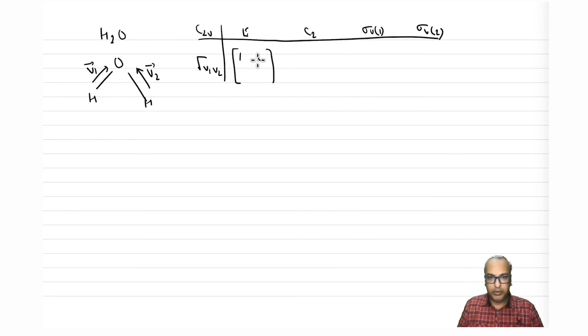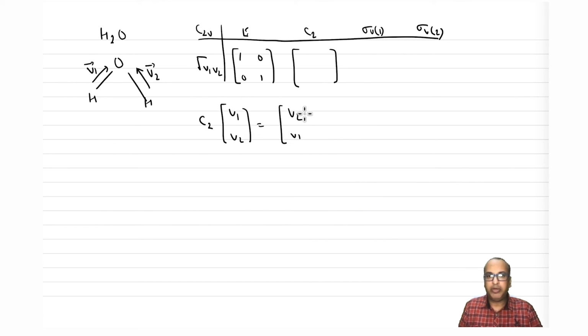So E will be the 2 cross 2 identity matrix. Now for C2, if we apply C2, V1 will be replaced with V2 and V2 will be replaced with V1. In other words, if we apply the C2 matrix onto V1 V2, what we get is V2 V1, right? So I can say that this will be 0 1 1 0.